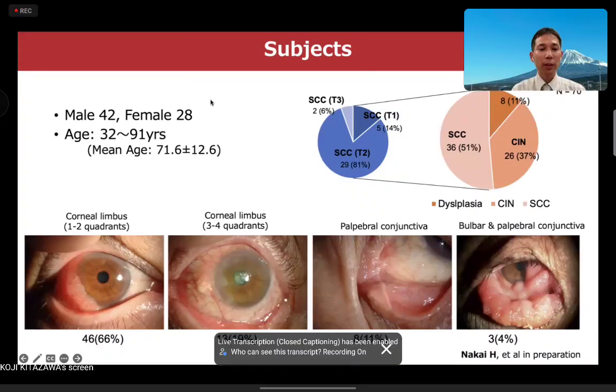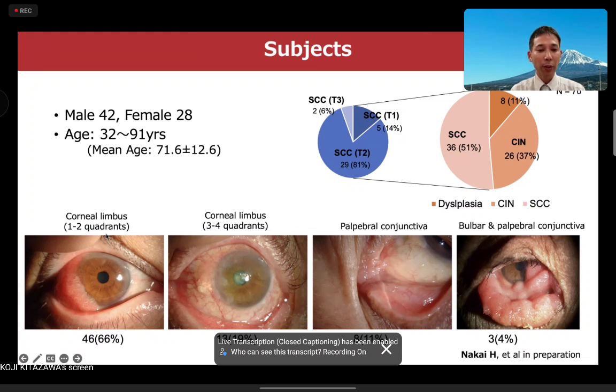Here are the subjects of this research. 42 males and 28 females are included, and the mean age is almost 72 years, ranging from 32 to 91 years old. Half of the subjects have squamous cell carcinoma, 40% have CIN, and 70% have dysplasia.